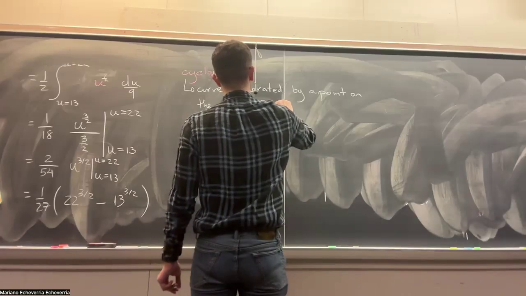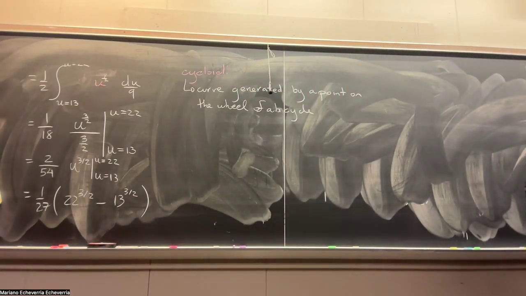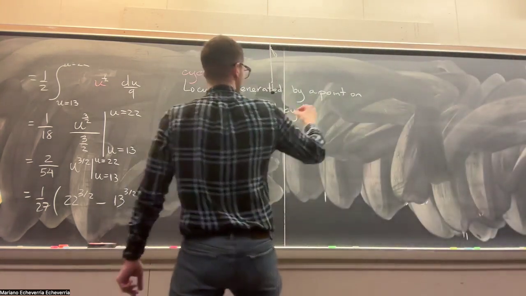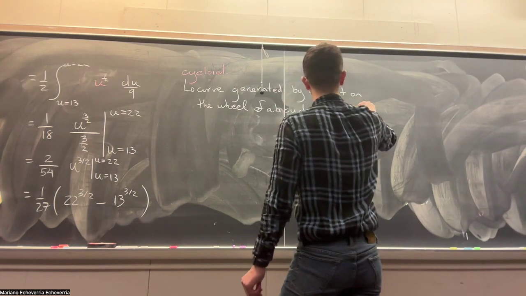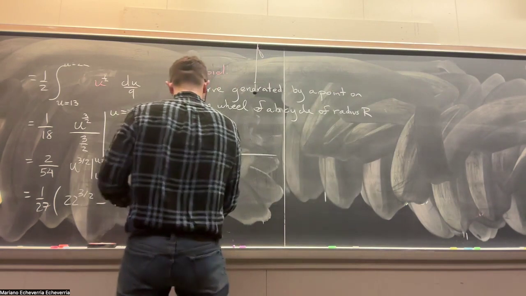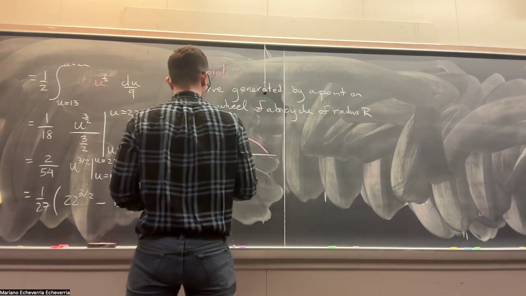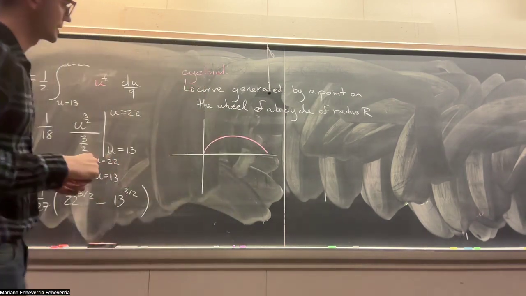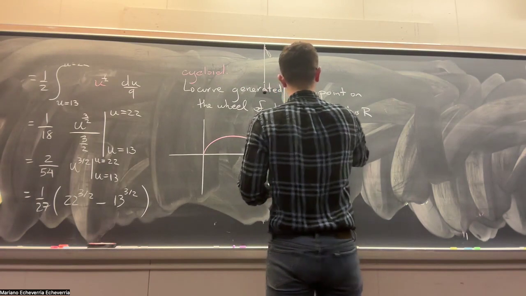That's one way to think about it. And let's say the wheel has radius r. It kind of looks like this.